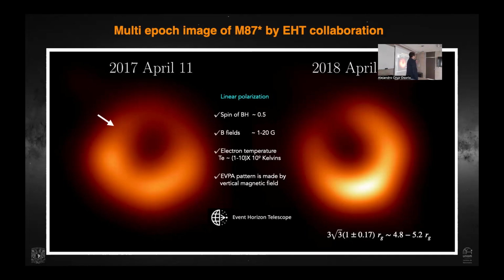We knew this, I don't know, 10 or 20 years ago, theoretically, of course. Now the people from EHT who are doing this reconstruction of the image use this technique, and we can confirm that this is basically what we predicted from the theory.